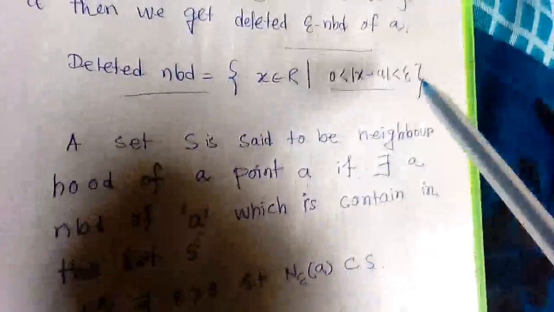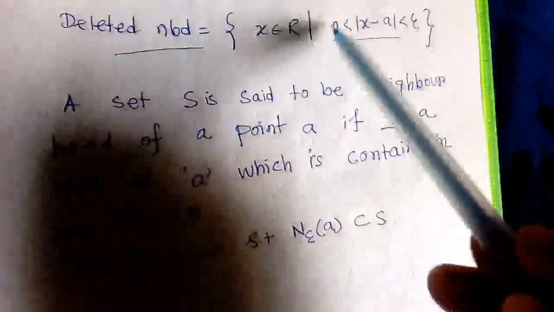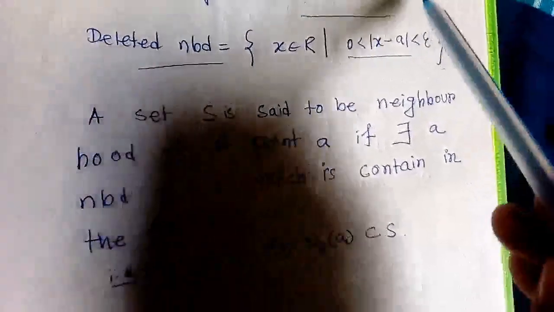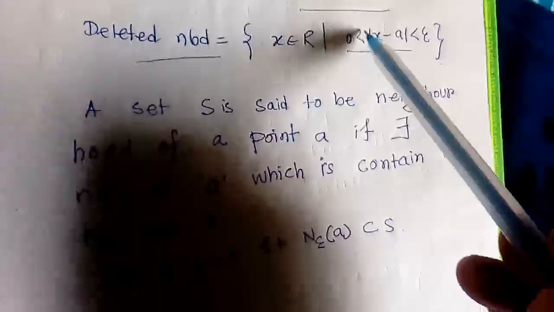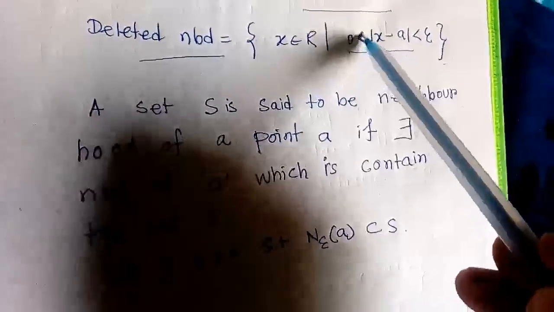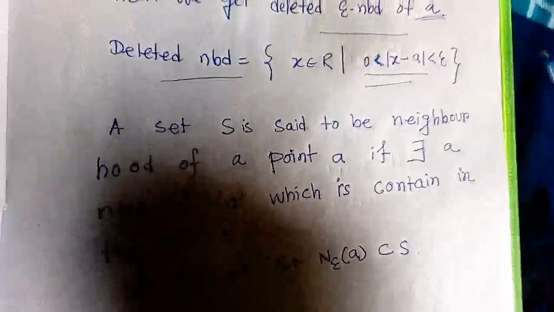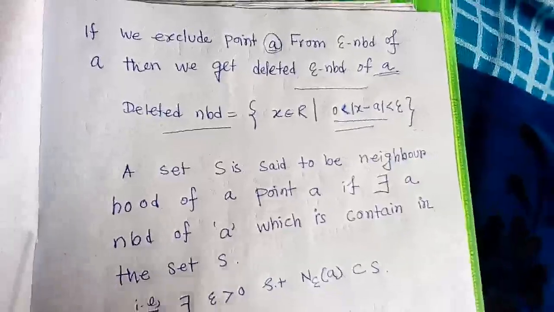To omit the point A, we take this 0 less than. So that is our deleted neighborhood.